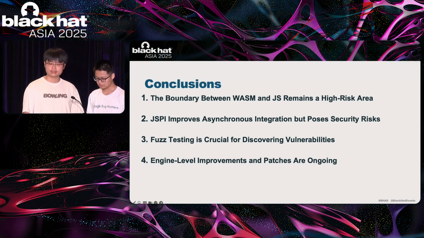Fuzz testing remains crucial for uncovering vulnerabilities, and integrating JSPI wrapper functions into a type-aware fuzzing system enables the discovery of issues beyond traditional JS-only or WebAssembly-only testing. As WebAssembly proposals advance, boundary security must remain a priority.